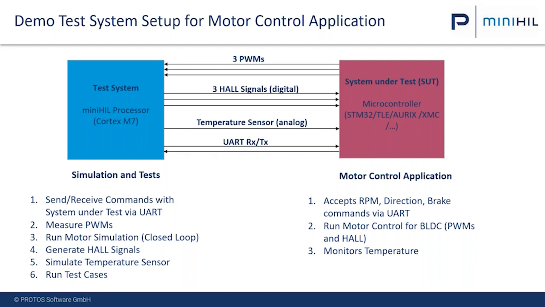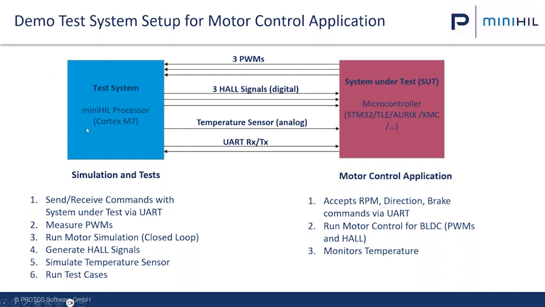Let's have a look at the little demo I'm about to show you. In my demo system, I have a STM32 microcontroller, Cortex M4. It runs a BLDC motor control. The motor control generates PWMs and block commutation.